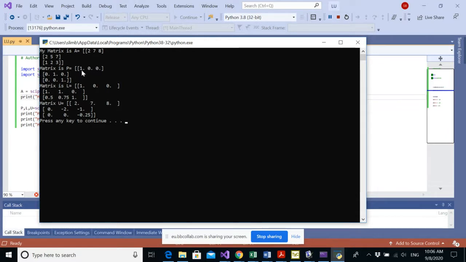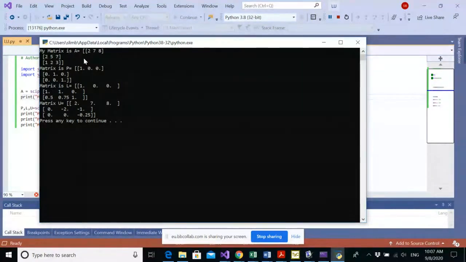2, 7, 8, 2, 5, 7, 1, 2, 3. This is my matrix. So you see, it returns 3 matrices, P, L, and U, and P is just a rearrangement of the rows of A. Here, for example, when it returns an identity matrix, it means that it didn't do any rearrangement of the matrix A. Why is that?